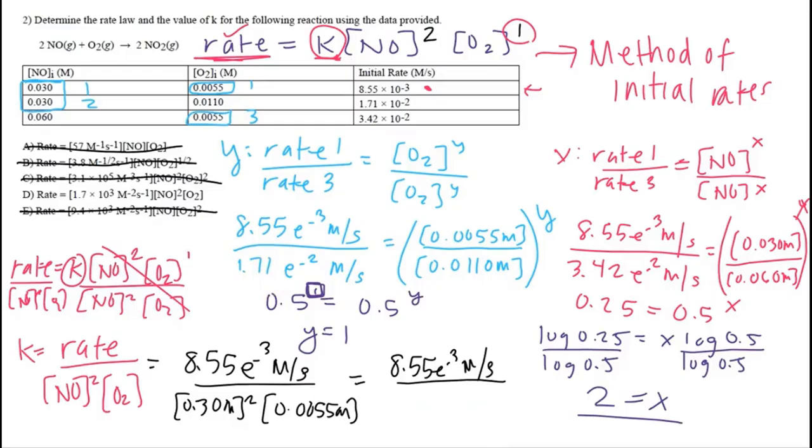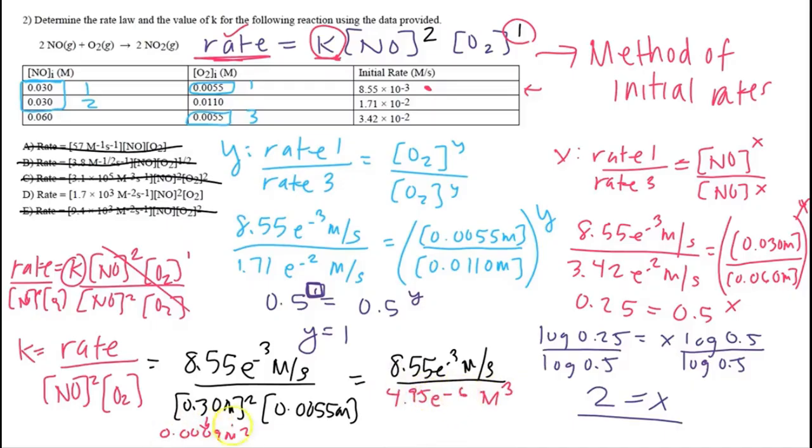Now, I like to do my math on the side here. So this 0.30 squared here is now 0.09 molarity squared. So if I have molarity squared times molarity, that means the bottom here should be molarity cubed, right? And when I multiply these two numbers, I get 4.95 times e to the negative 4.